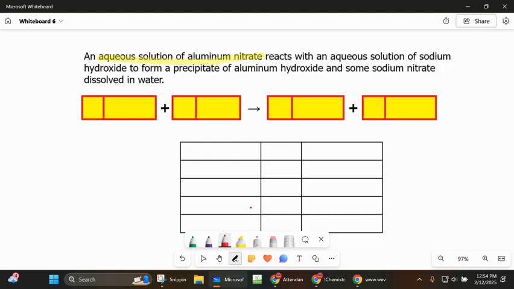In other words, just like in the last unit where I asked you to write the formula for the name aluminum nitrate, what would you have written? I'm sorry, what was that?